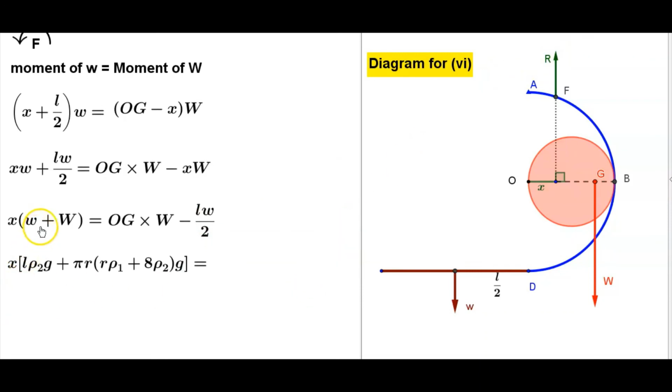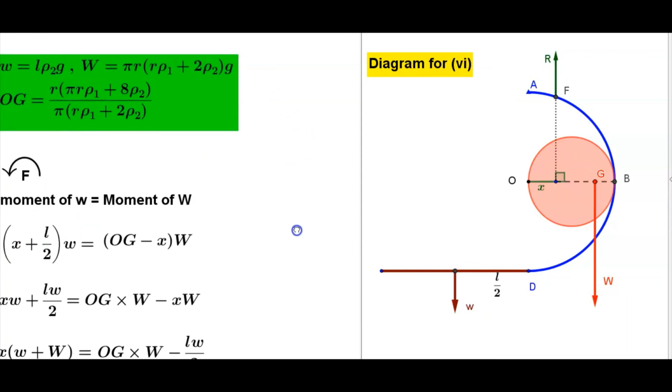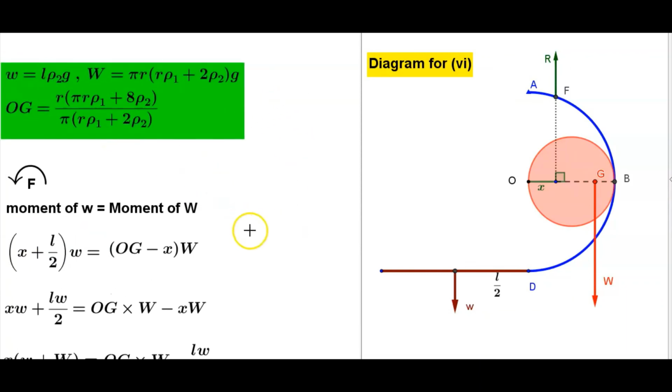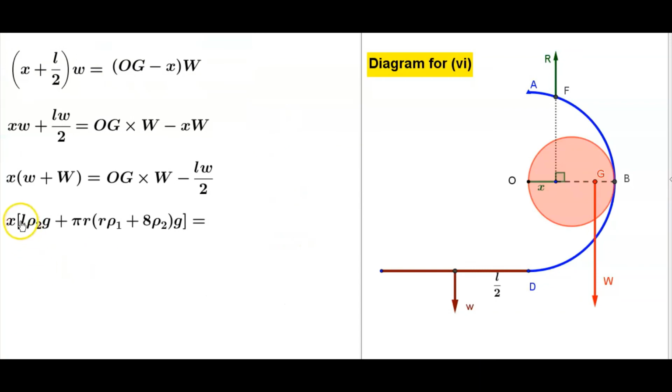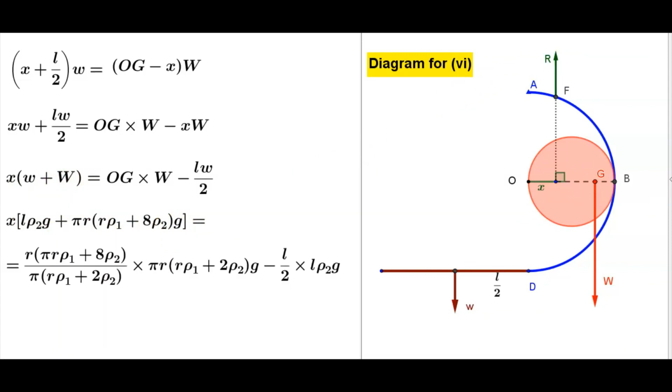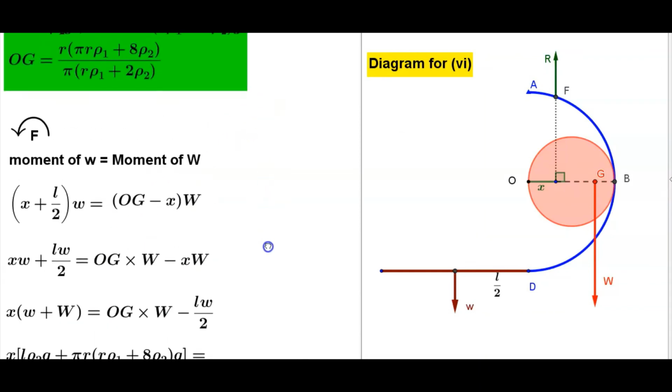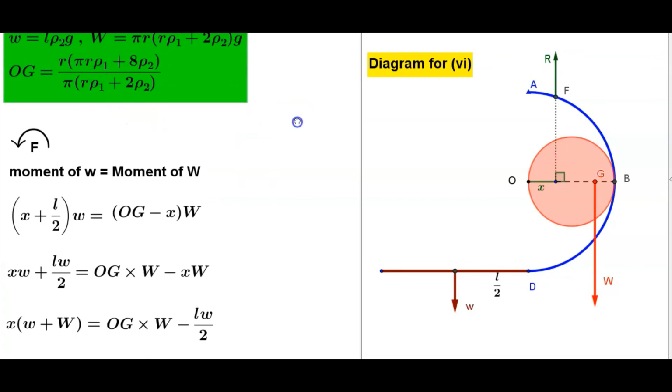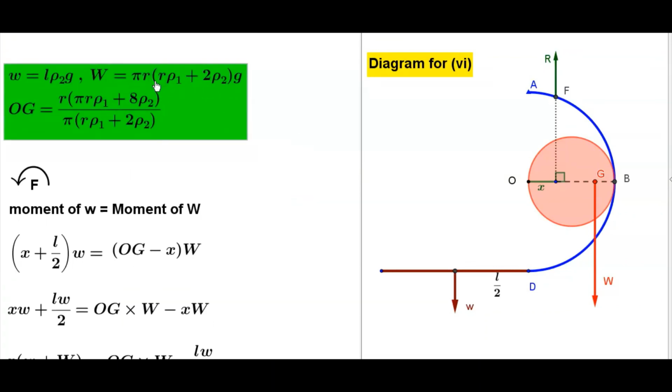X into, for small w, we can substitute L rho 2 g, for capital W, pi r into r rho 1 plus 2 rho 2 into g, is equal to OG into W, with OG and capital W substituted.